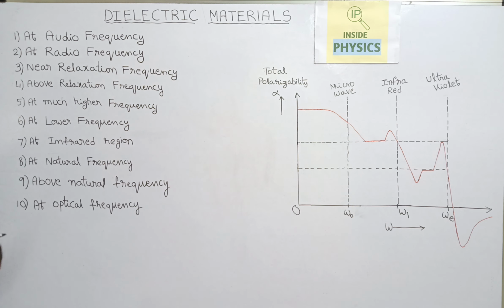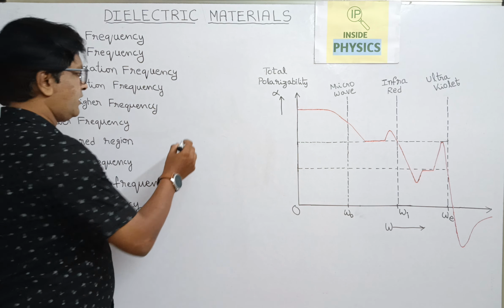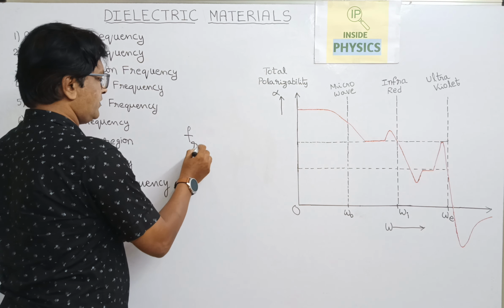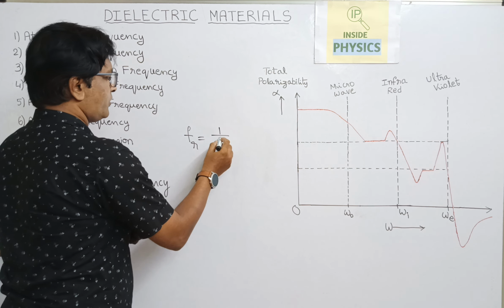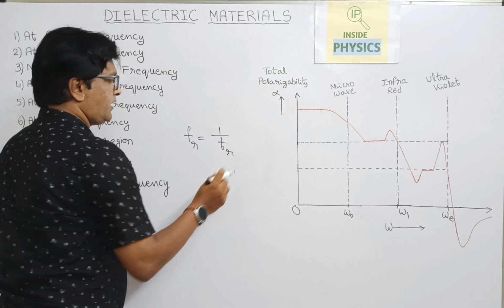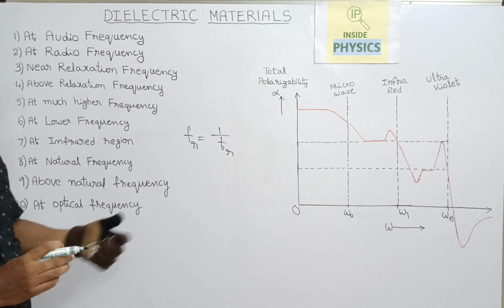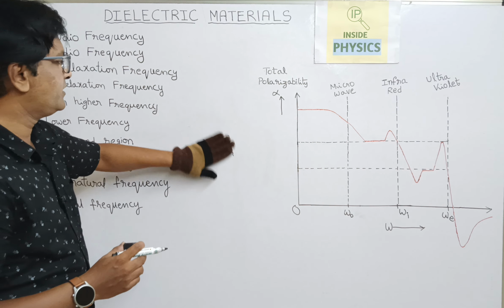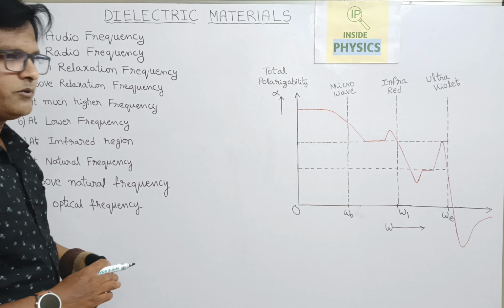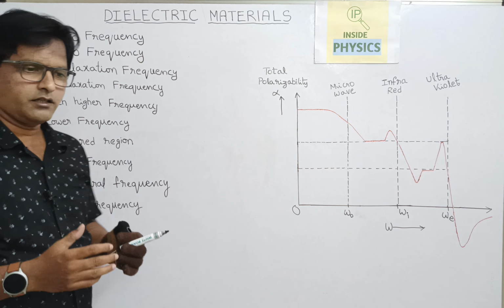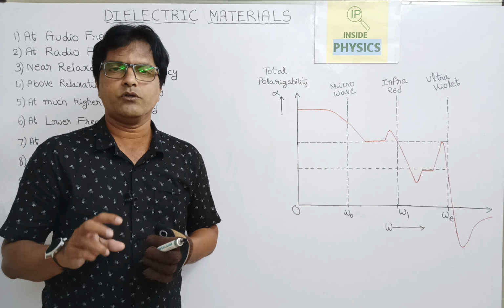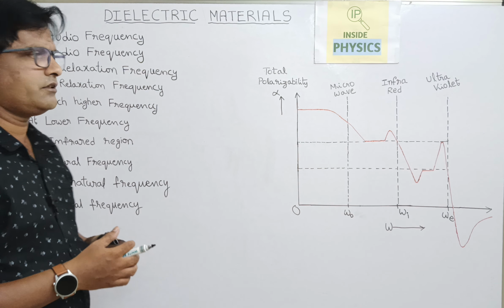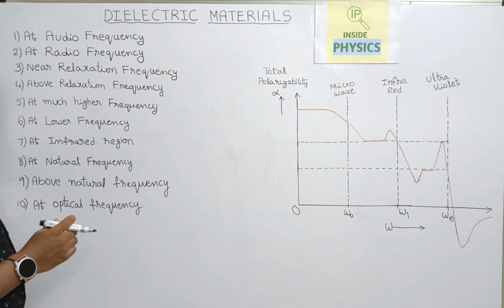Near relaxation frequency, what is the relaxation frequency? It is the reciprocal of relaxation time. I already discussed what relaxation time is. So at this frequency, the dipoles will orient themselves into the direction of the field very rapidly.